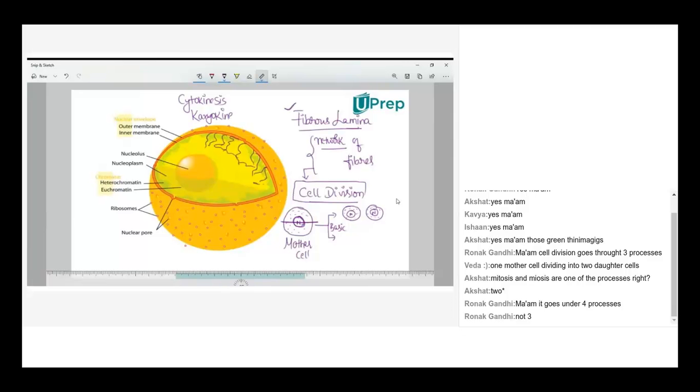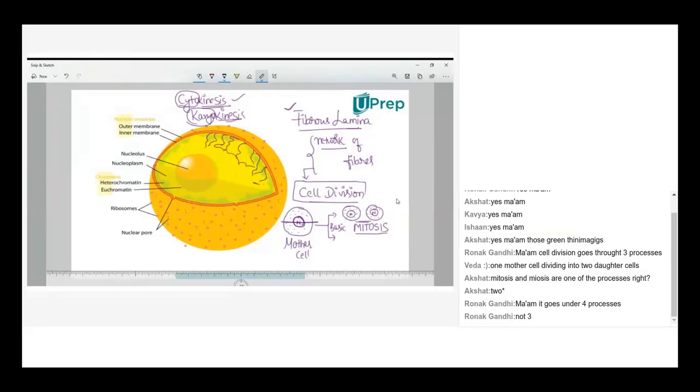Here kinesis stands for division, cytoplasm, karyon, nucleus. Now the cytoplasm and the nucleus get divided equally. Division of cytoplasm is nothing but all the cell organelles are distributed equally. So this we call mitosis.